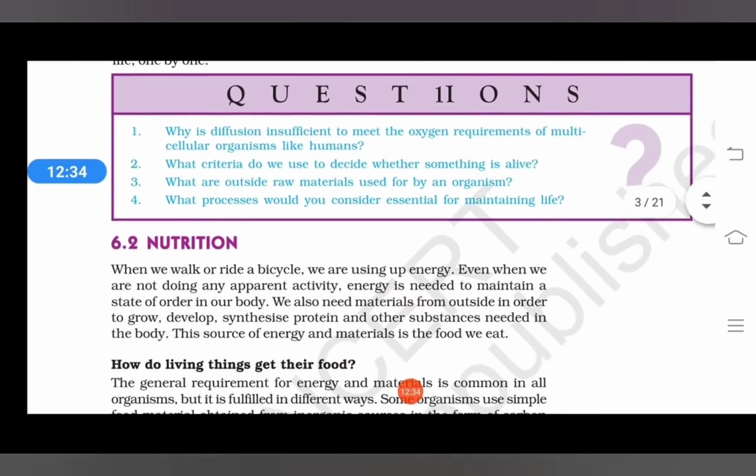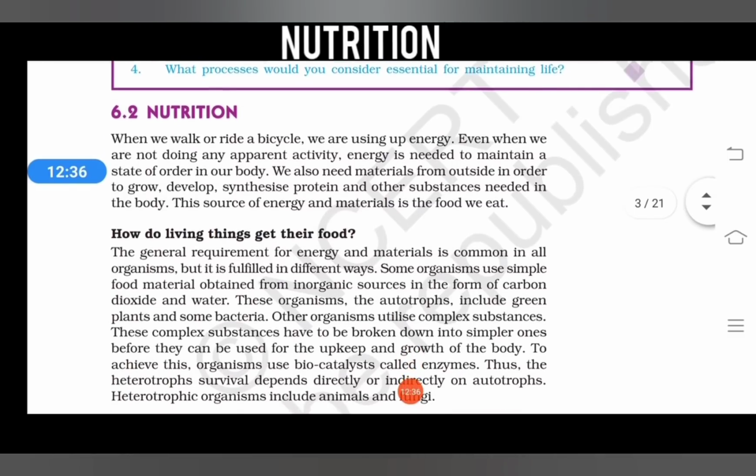Next, let's see what nutrition is. When we walk or ride a bicycle, we are using up energy, but even when we are not doing any apparent activity, energy is needed to maintain the state of our body. We also need material from outside in order to grow, develop, and synthesize protein and other substances needed in the body.